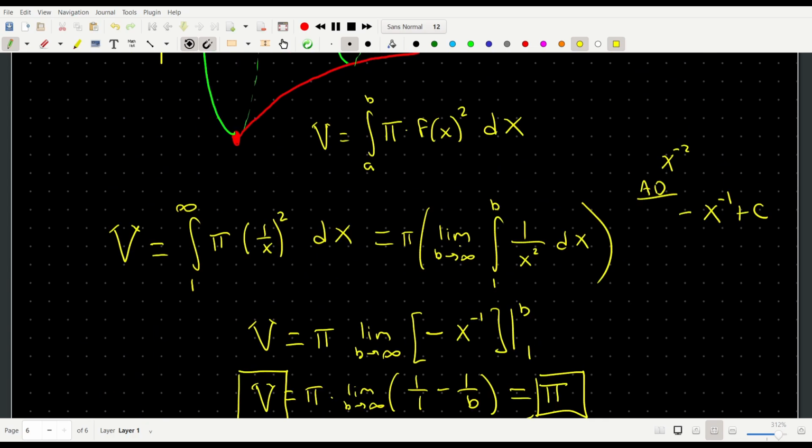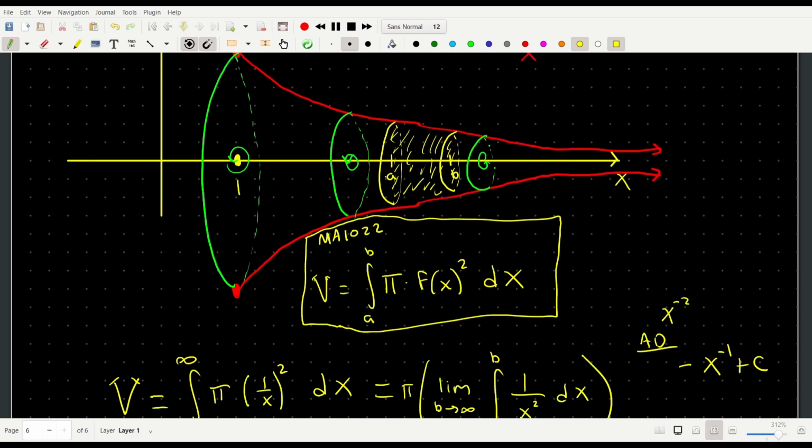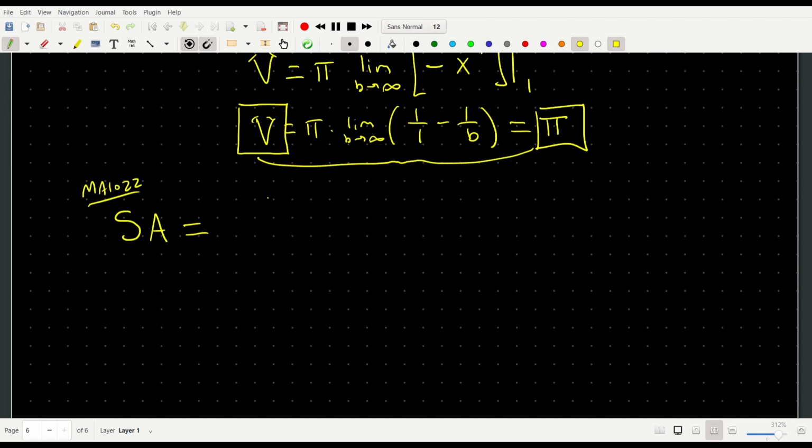Just like this formula for volume comes from a standard Calc 2 course, the general formula for surface area of a segment, say this segment from A to B, also comes from Calculus 2.